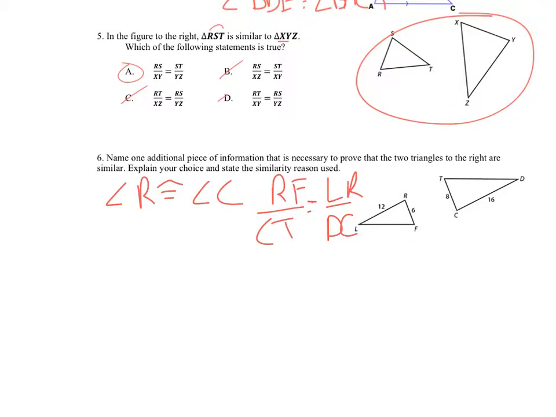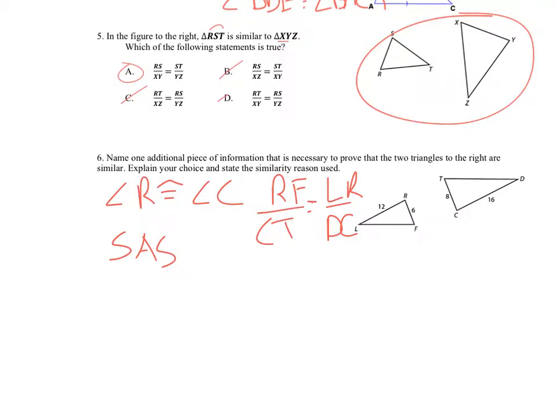And with that, we've now shown two sides and an angle. So then our similarity reason, our theorem, is side, angle, side for that one. So the extra piece of information you want would be the angle, because you have the sides that are already proportional. So that is one way you could do it.